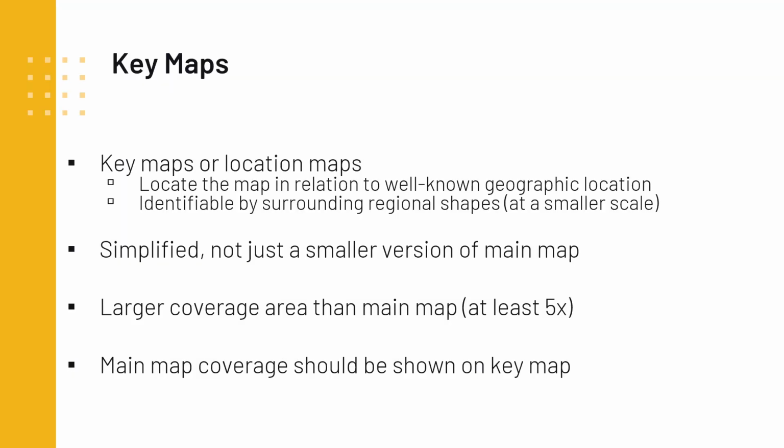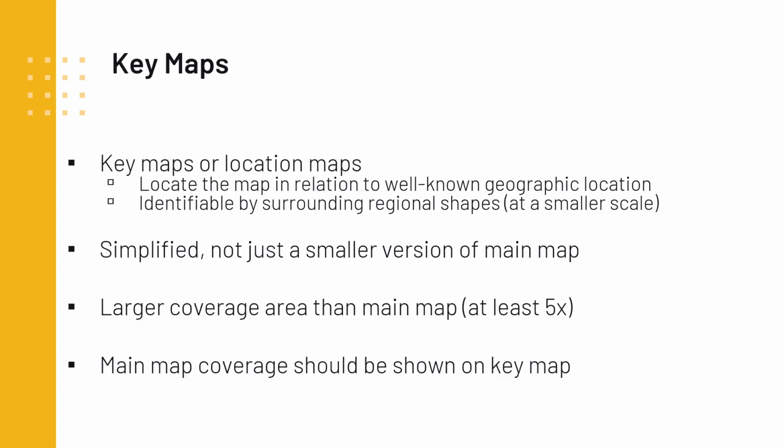Next, we're going to talk about key maps or location maps. Although we're not going to add one to our existing map that we've been working on, it is important to know a little bit about them. Key maps or location maps help to locate our main map in relation to a larger, more general, well-known place.